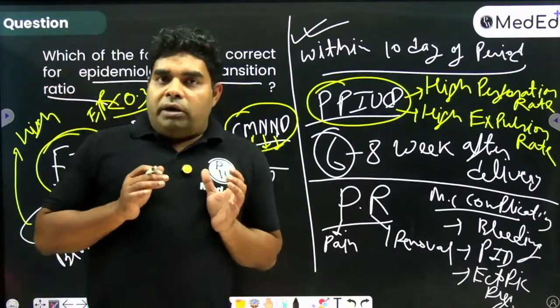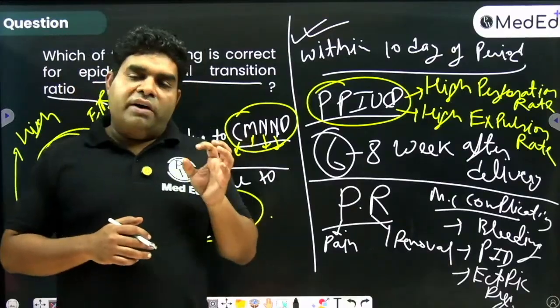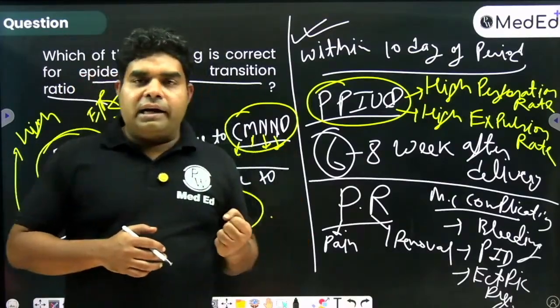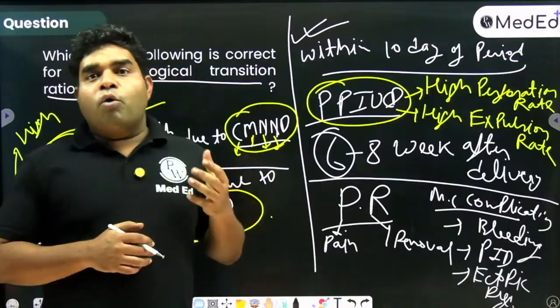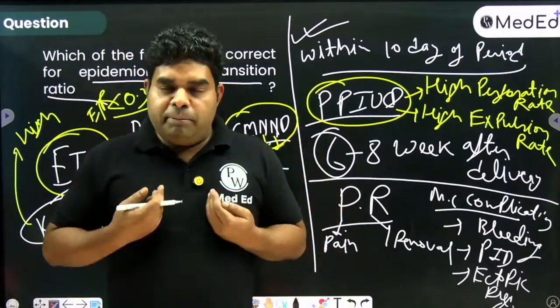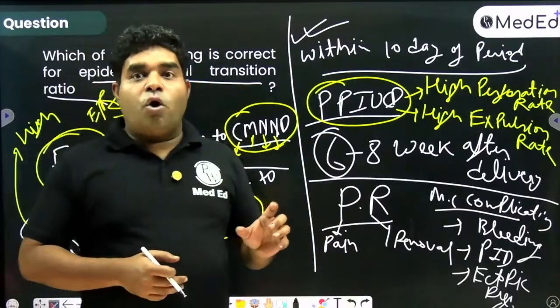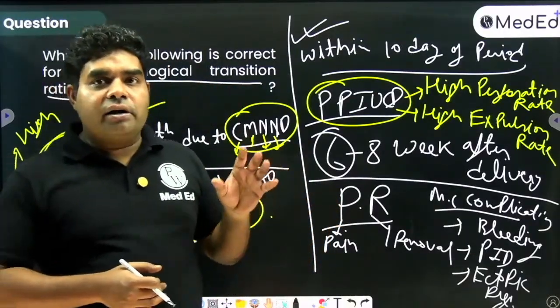In exams like NEET or MCI or INI-CET also, whenever they ask a question regarding Indian guidelines, you have to answer based on what is written in the Park textbook. So do not trust an expert like me, because an expert can be wrong, can be biased. You have to trust evidence that comes from a standard textbook.